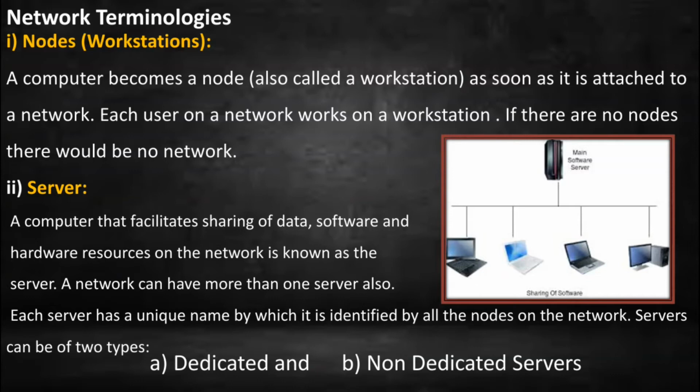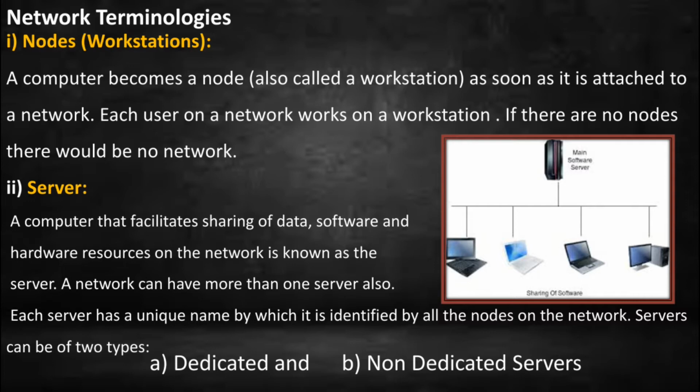Each user on a network works on a workstation, a single user at a time. If there are no nodes, there would be no network. If your network has no node, a network is not possible.